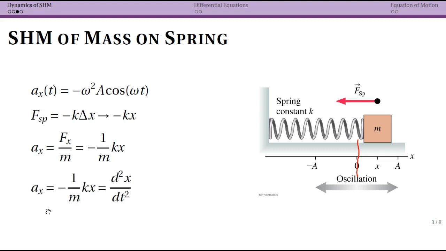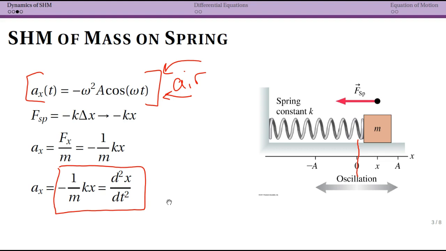But remember that the definition of acceleration is the second derivative of position. So even without using this, which originally came out of thin air, like out of nowhere, I gave you this. This is now mathematically true based on Hooke's law and based on Newton's second law.